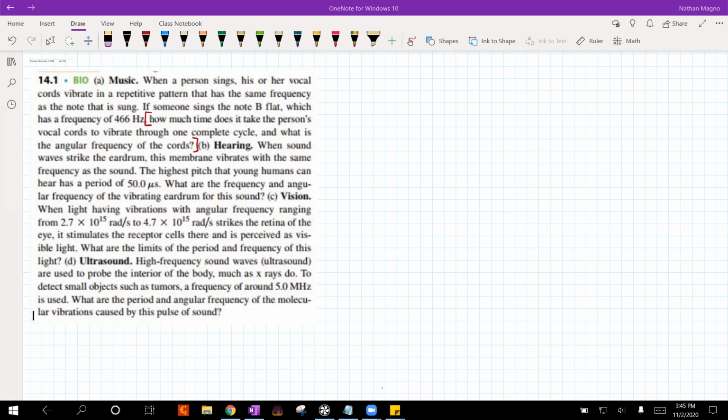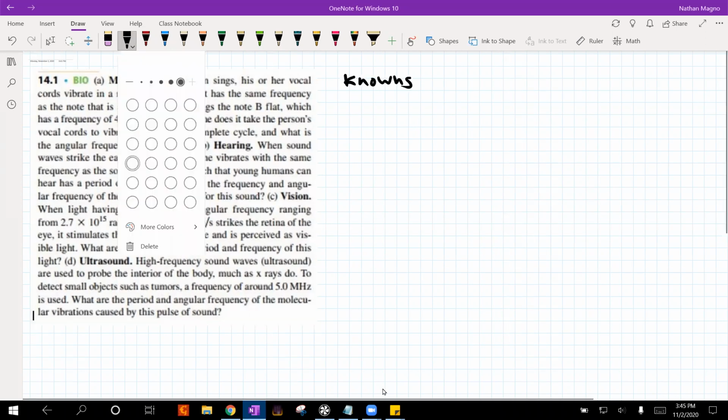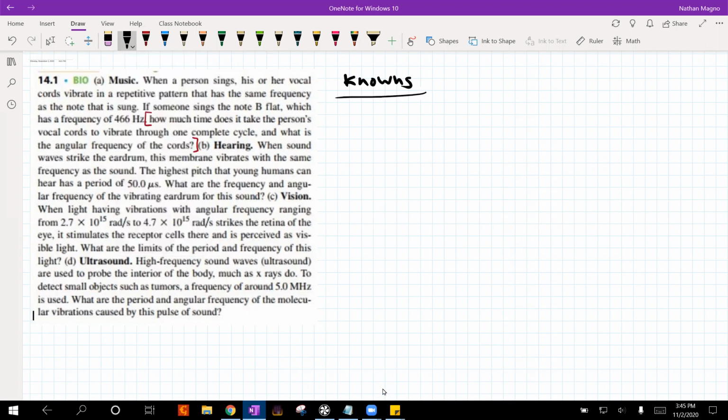All right, so hopefully y'all have been reading the question while I was doing this. Does anybody know how to tackle part A, which is the question I circled in red brackets? I'll start off by writing my notes. So a note of B flat is apparently 466 hertz.